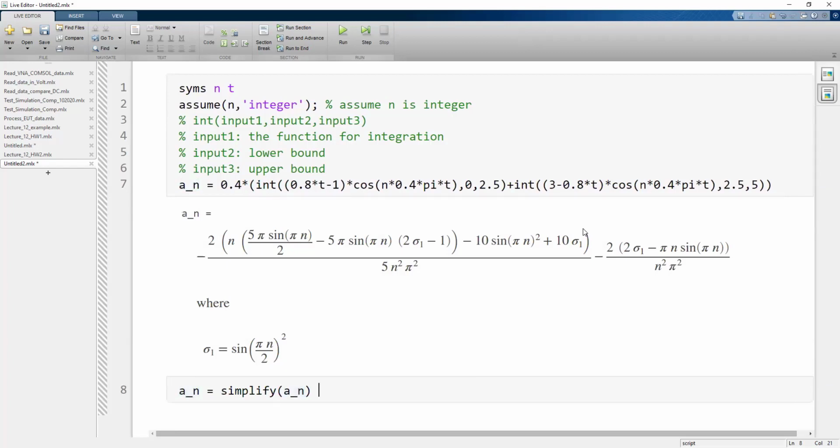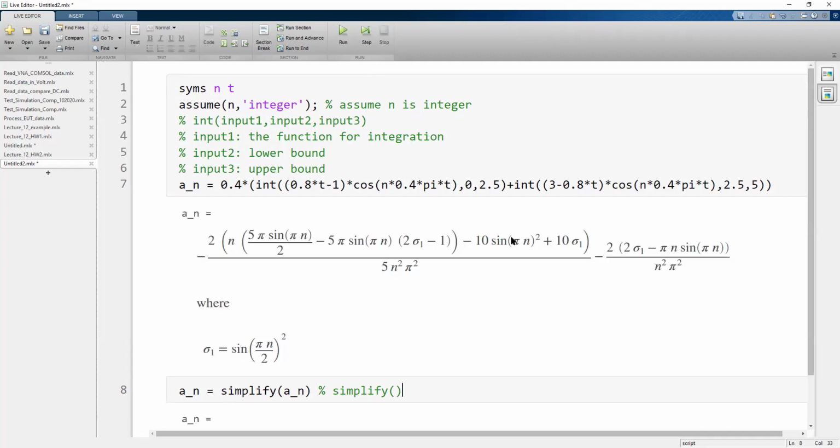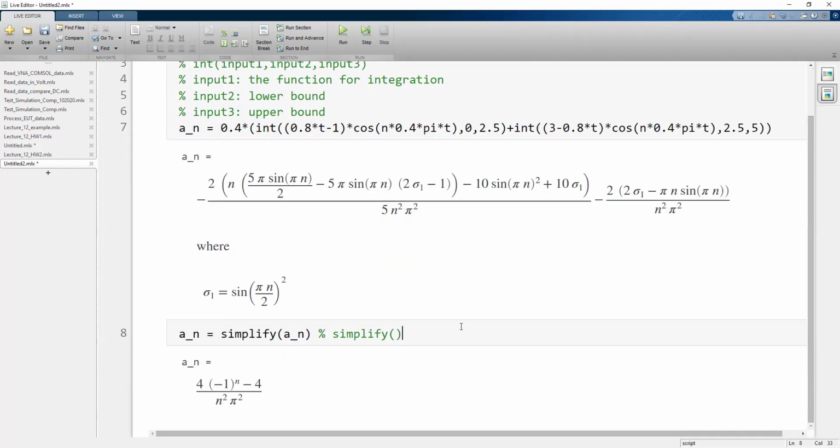This simplify function is able to, MATLAB is trying its best to simplify the solutions it provides. I think they should build simplify into the original equation, so you don't have to manually add this. So let's calculate it again.